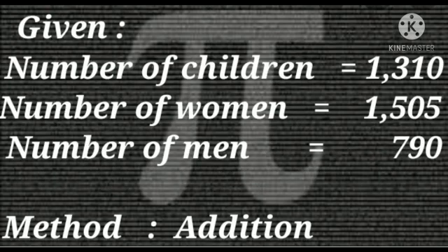Given is number of children 1310, number of women 1505, number of men 790. So to find out the answer, we will use method addition, and the numbers we will arrange according to the place value, starting from the units.